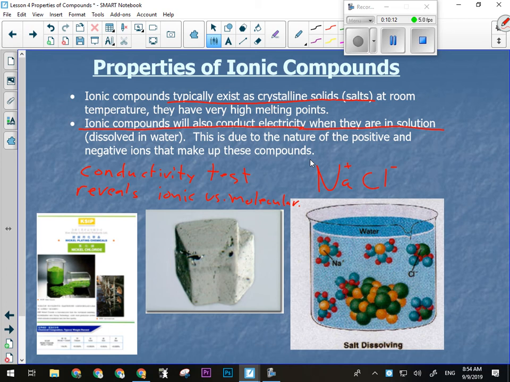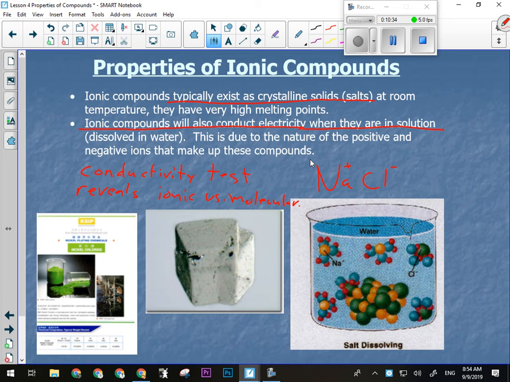All right, a couple of other things: colors. There are some metals that make ionic compounds that are brightly colored. Nickel is one of those metals. Nickel always makes green crystals.